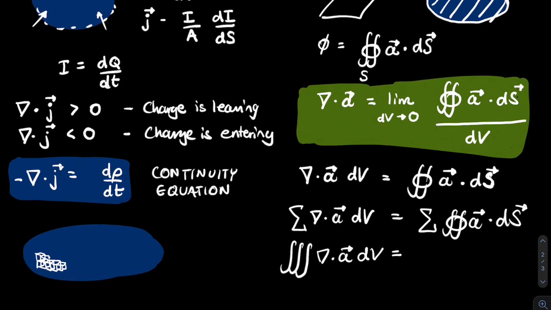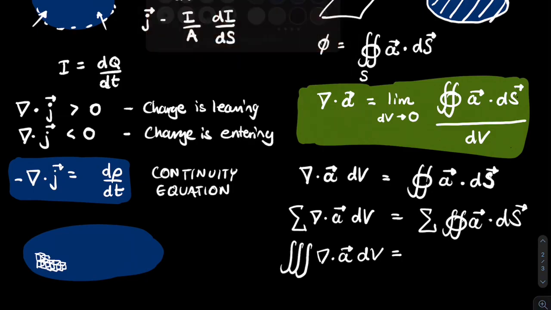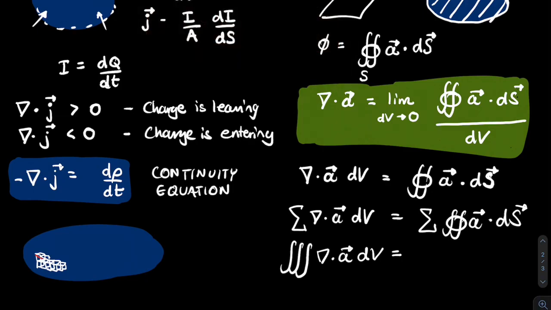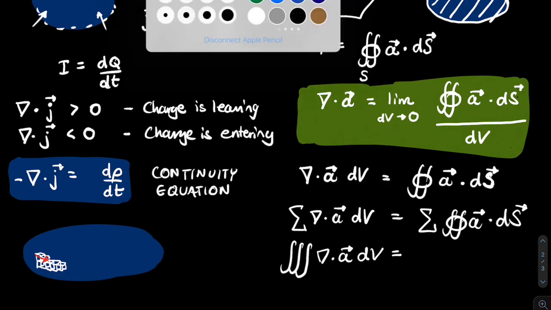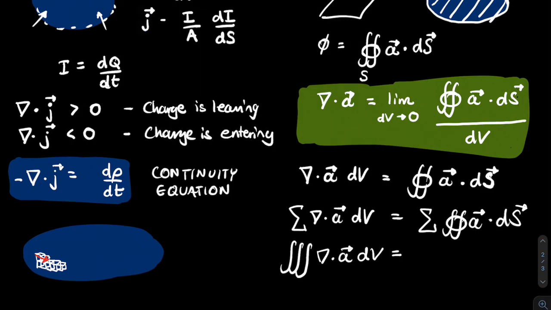Now, since A flows out of one element into the next, if we imagine our vector field, it's going out of one little element, but it's going into the next. All of the internal surfaces on the right hand side are going to cancel, and so basically the right hand side is just going to become an integral over the whole surface that's binding this volume.